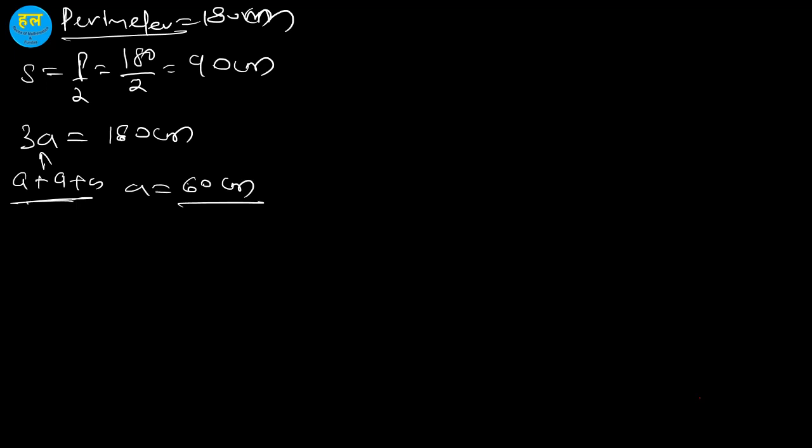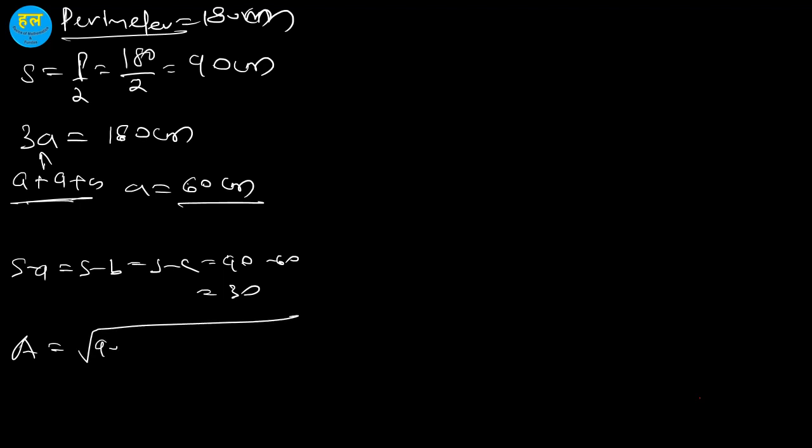So when we find S minus A, it will be equal to S minus B, equal to S minus C, equal to 90 minus 60, which is 30. When we put it in Heron's formula, we get the square root of 90 into 30 into 30 into 30.